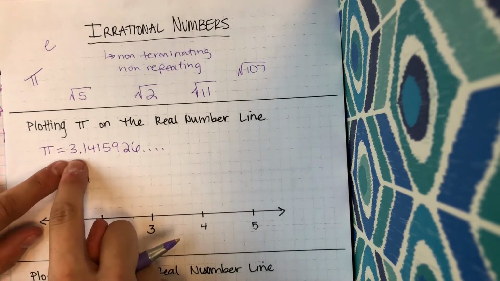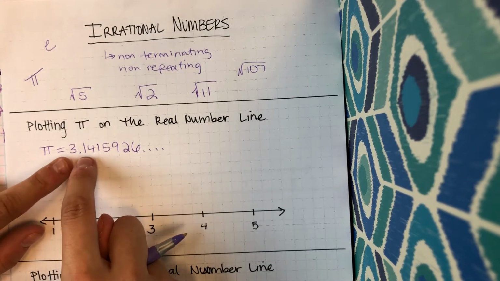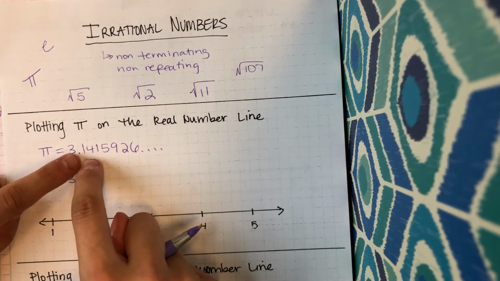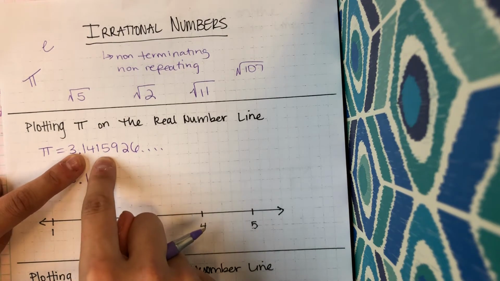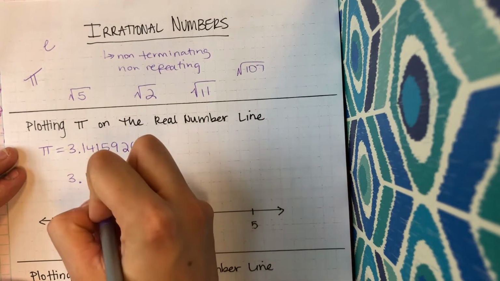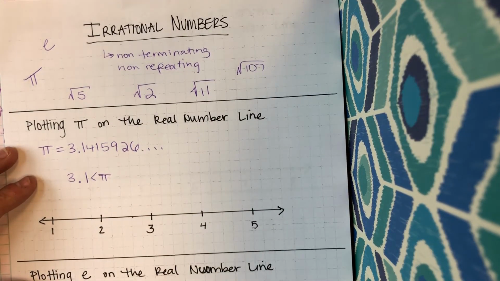It's actually going to be a little bit bigger than 3.1 because we have all of these extra decimal places going on. So it's 3.1 and then another hundredth and another thousandth and another 5/10,000. So pi is a little bit bigger than that number.